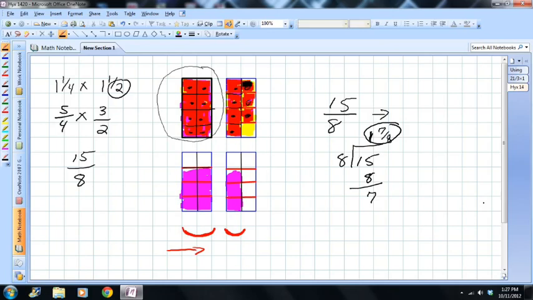Let's look at what we have here. We have one rectangle that's completely full, and we have another rectangle that has 1, 2, 3, 4, 5, 6, 7 of its 8 parts full. So that's our 1 7/8. All right, let's look at one more example.